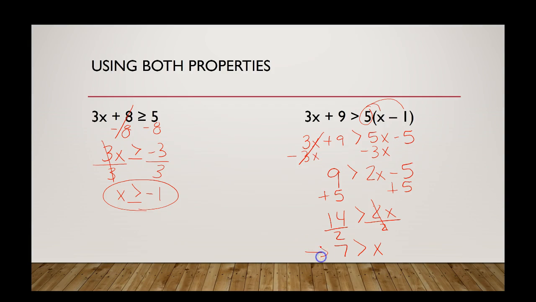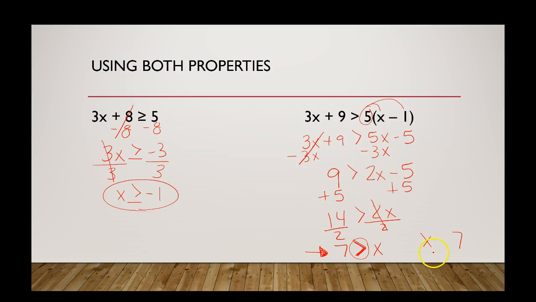Now, let's talk about how I could write this with the variable term first. So if it's 7 is greater than x, I don't want to just flip the x and the 7 and say x is greater than 7. So notice I kept the sign but just changed the 7 and x. That's incorrect. Notice when you're looking at this inequality, the inequality sign is open to the 7.